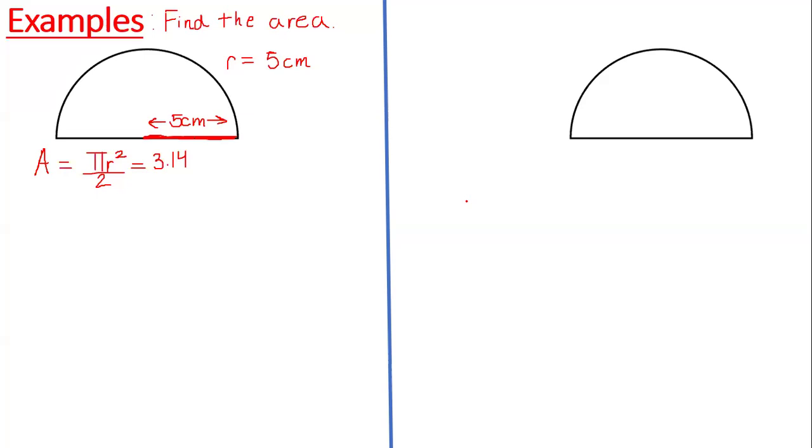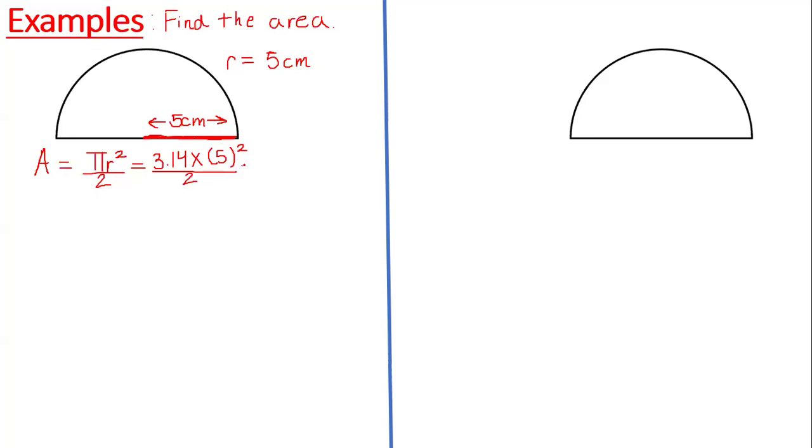All right, does that make sense? So the radius was already given, so you don't have to half it. So 3.14 multiplied by 5 squared, all over 2.